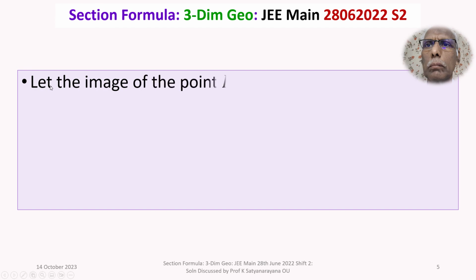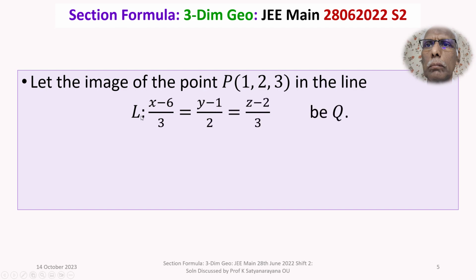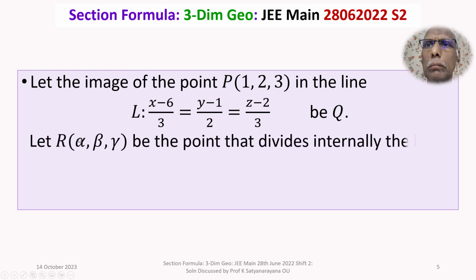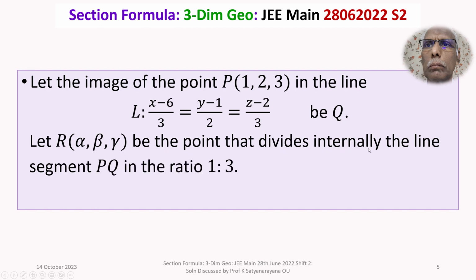The given question is: let the image of the point P with coordinates 1, 2, 3 in the line L, whose equation is given by (x minus 6)/3 equals (y minus 1)/2 equals (z minus 2)/3, be the point Q. Let R with coordinates alpha, beta, gamma be the point that divides internally the line segment PQ in the ratio 1:3.